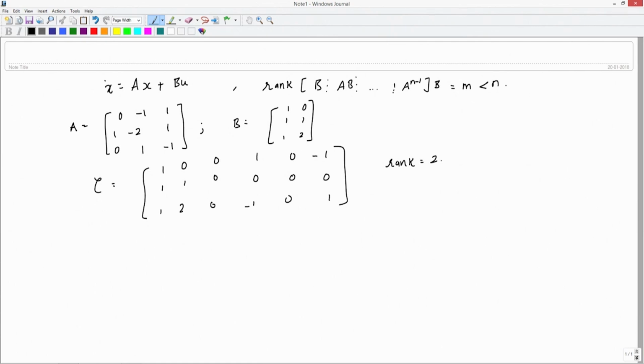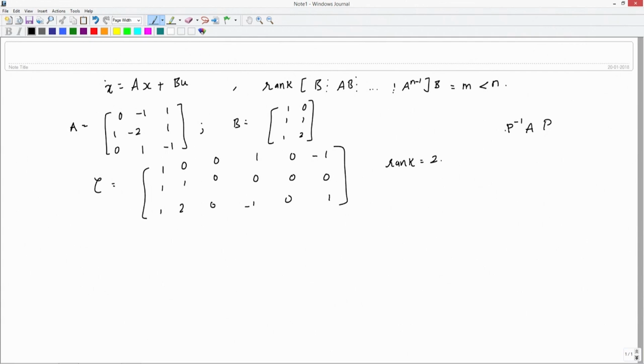Now, what do we do when the rank is 2? I cannot completely control the system, because what I learnt, even though we did not do the proof, is that to place all the poles we need the system to be completely controllable. So let us do a bit of magic here. Let us say I want to transform the system into something else, and we know that P inverse AP is a good transform which transforms the system from some x coordinates to certain z coordinates.